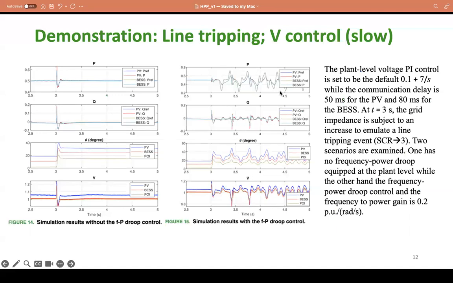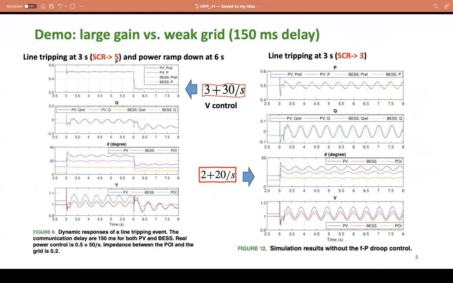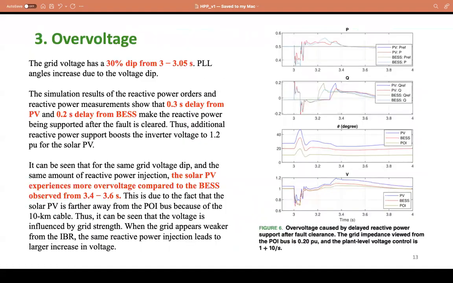And you can see oscillation come up. If you take a close look, it's more obvious, more severe in P because if you look at Q, it's not too much. Here is 0.6 scale, this is 0.4 scale, and there is a large change in the angle as well. And voltage, okay. So that's some comparison that we can see.